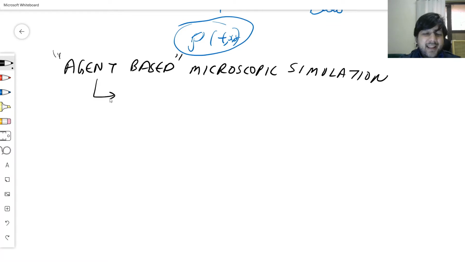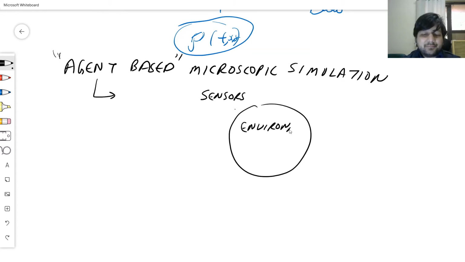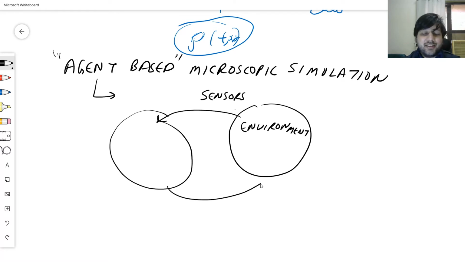So this agent is an entity which uses sensors to read from the environment, and it gets this information and it uses actuators to make changes in the environment, and that's what is agent-based simulation.